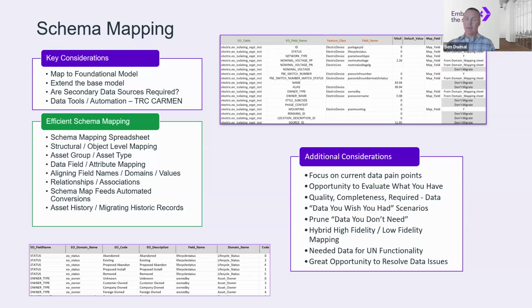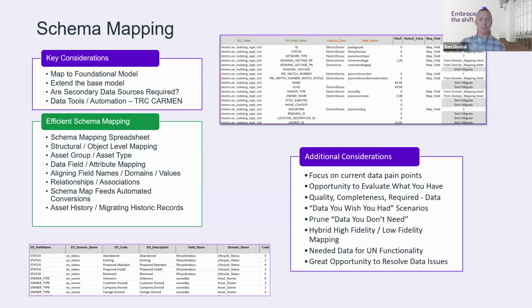I would typically point to attributes like life cycle status or phase or material, or pressure. Those are all things that, if there are missing values there, or things aren't mapping across correctly, it's going to hinder the process and cause rework down the line.